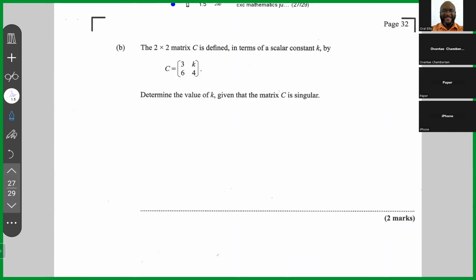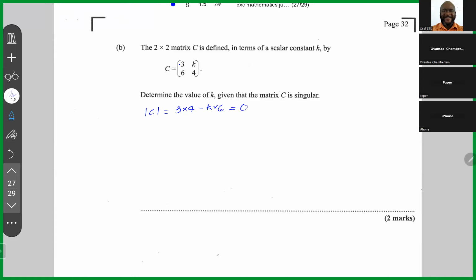Now, if a matrix is singular, its determinant is equal to 0. So the determinant of C is 3 times 4 minus K times 6, which is equal to 0.